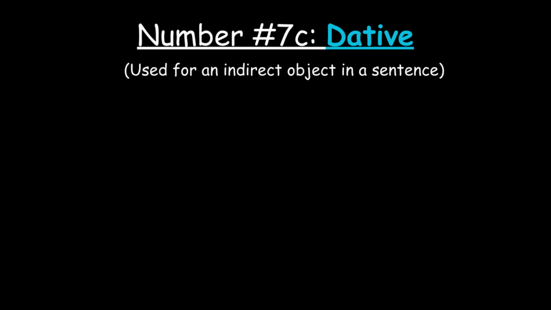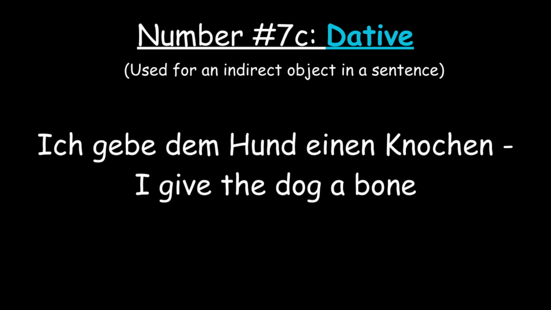The dative is used for an indirect object in a sentence. An example is Ich gebe dem Hund einen Knochen. I give the dog a bone.